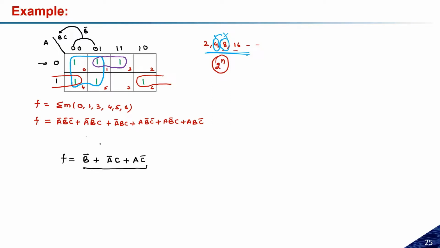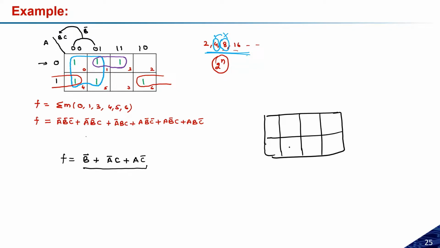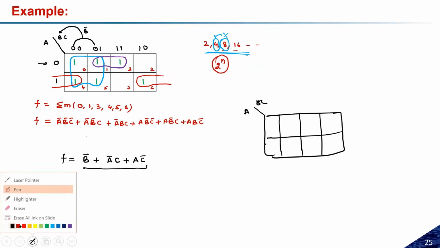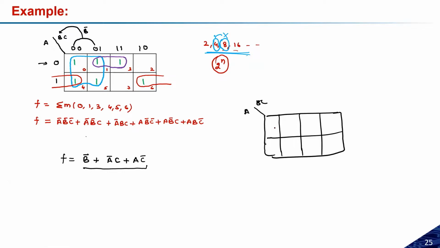Now let me try to write the same truth table in a different way, to justify why we need to make a bigger group. This was the K map, something like this, A B C. I'm not making it fully detailed. So the numbers were 1 1 1 1 and 1, something like this.